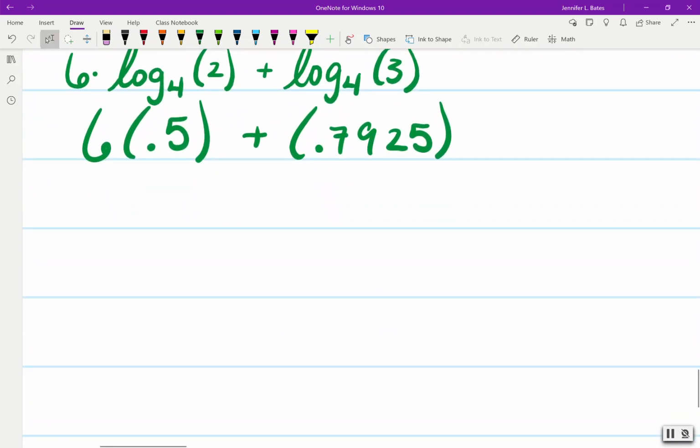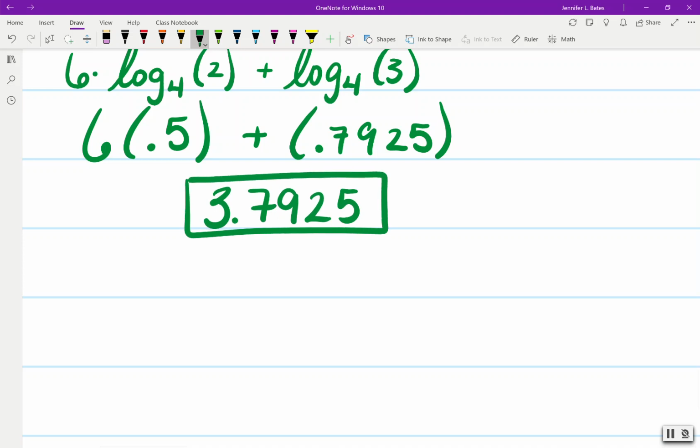Now I've substituted numerical values so I can estimate what log base 4 of 192 is. I'm going to grab my calculator. 6 times 0.5 is 3, plus 0.7925. So I get 3.7925. Okay, so I can estimate that log base 4 of 192 is equal to 3.7925.